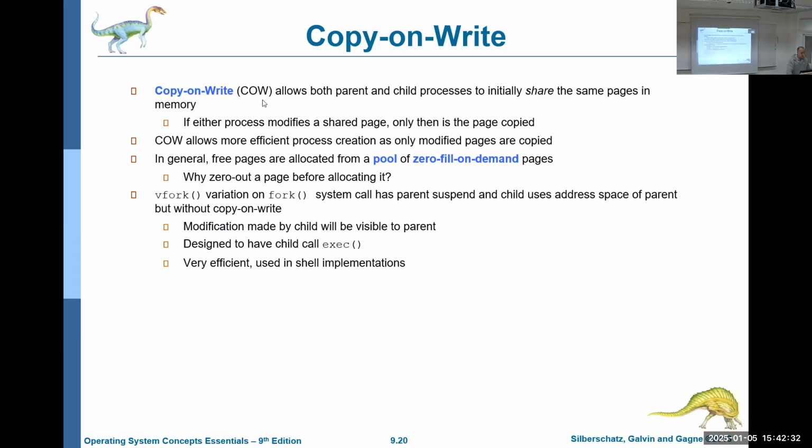There's also a concept called copy on write. What is copy on write? It allows both the parent and child processes to initially share the same pages of memory. So when I do a fork and create a new process, as long as the two processes don't change any variables, they don't need to be separate in memory.